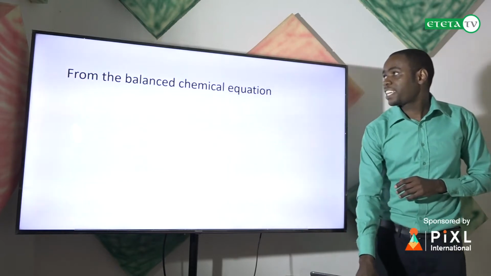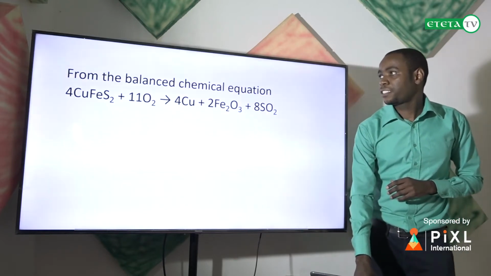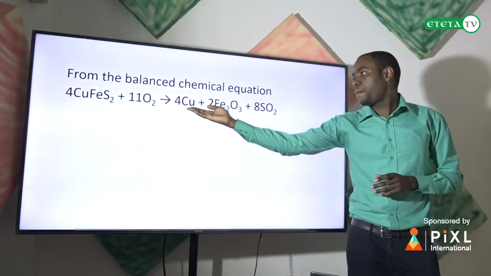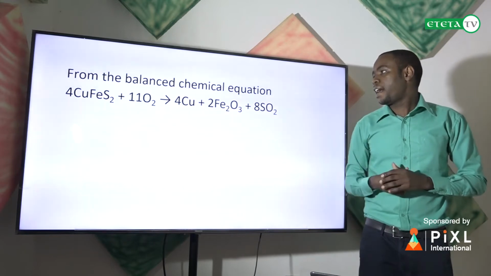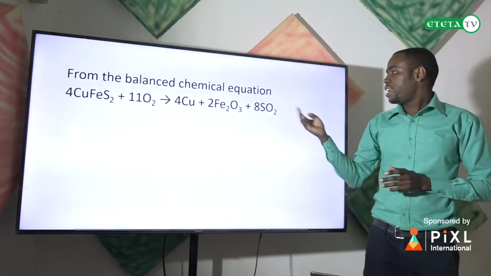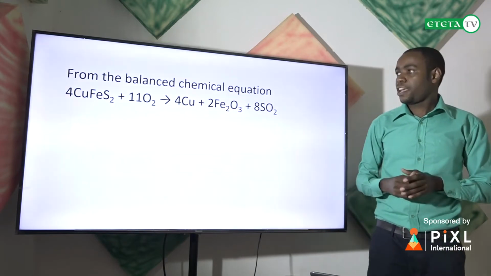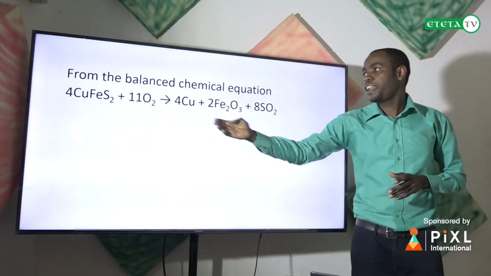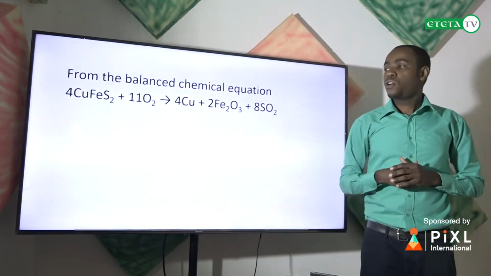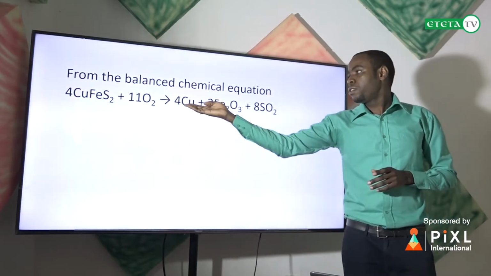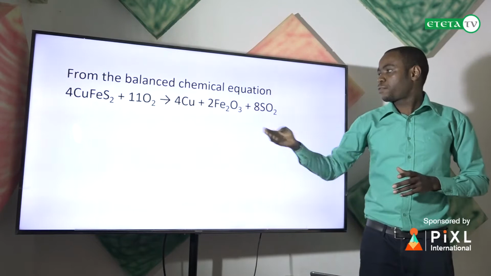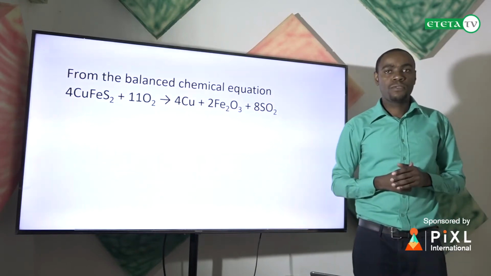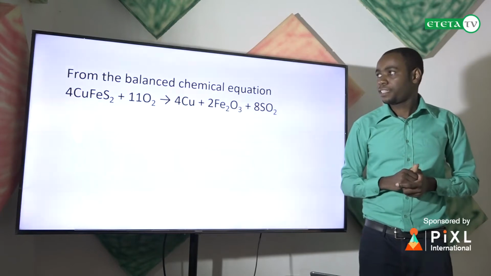it is from the balanced chemical equation. As the question says, copper pyrite burns in air to give copper, iron 3 oxide, and the sulfur dioxide. Here you have 4 moles of copper pyrite, you have 11 moles of oxygen gas, you have 4 moles of copper, you have 2 moles of iron 3 oxide, and you have 8 moles of sulfur dioxide.